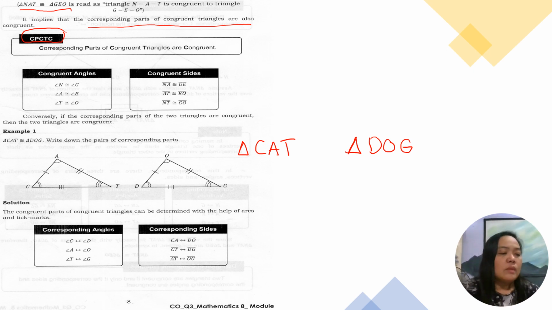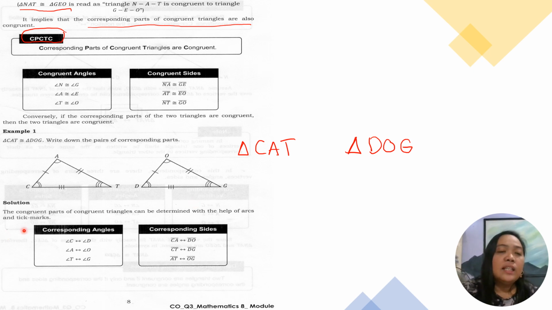Now, write down the pairs of corresponding parts. As you have noticed, there are congruent markings among the sides, which tells us that these are the corresponding parts, which are congruent. Since they have similar markings, it means they are the corresponding parts. So shall we list down the corresponding parts of triangle CAT and triangle DOG?